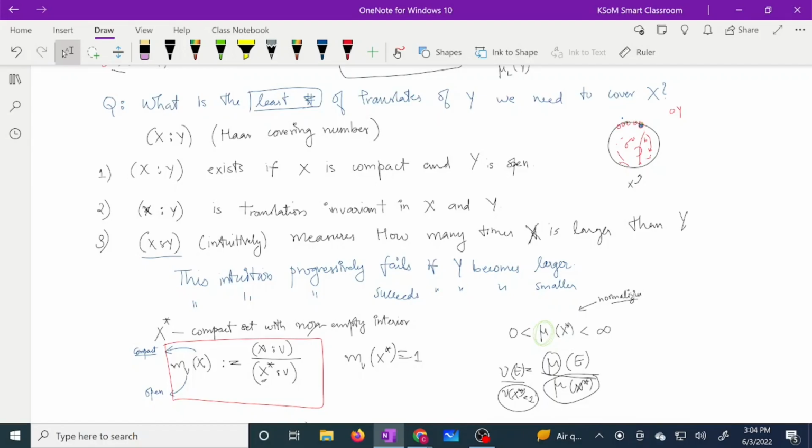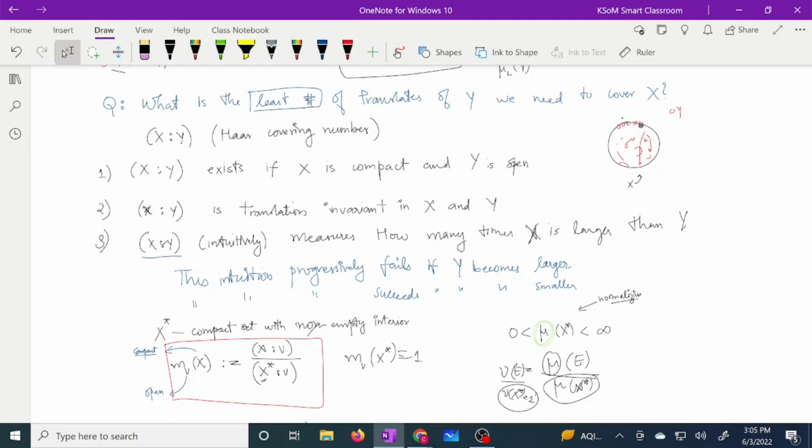So I am choosing a compact set which has non-empty interior, and my intuition tells me that this should have a non-zero finite measure. And if something has a non-zero finite measure, I can invert that and multiply by that number which we did there, and then get a Lebesgue measure or some other measure which equals 1 on that set. Okay, that is precisely what I am doing.